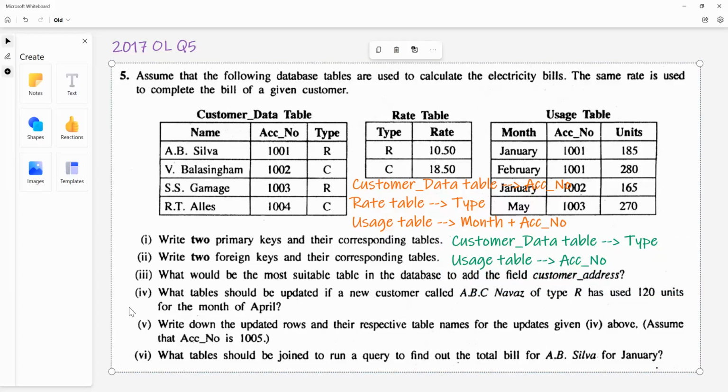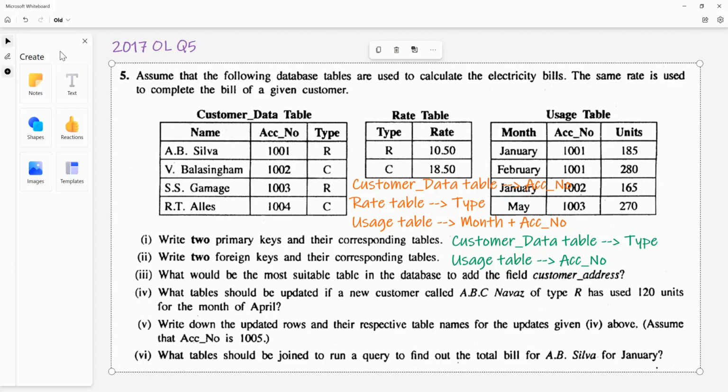Okay, we want to create custom address, and the question asks in which table we are going to insert. Customer data table. Exactly, because it consists of customer data. So we have name, account number, type. I think the address should come here.